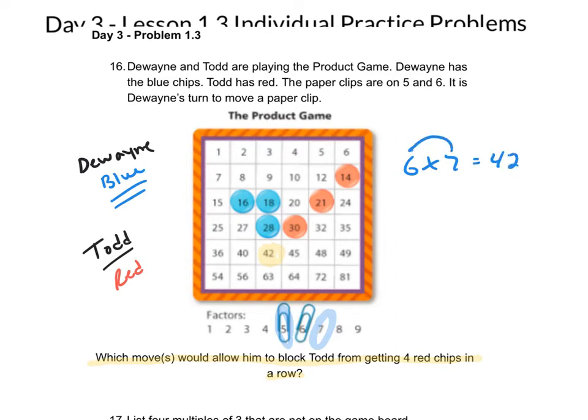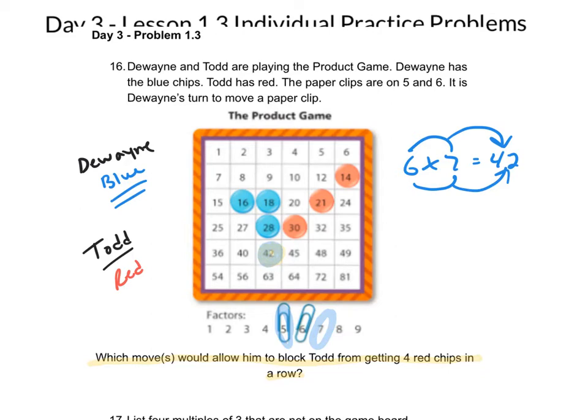These are factors that give you the product of 42. These are also divisors that go into 42. So 6 times 7 is 42, and that means Dwayne would block with a blue.